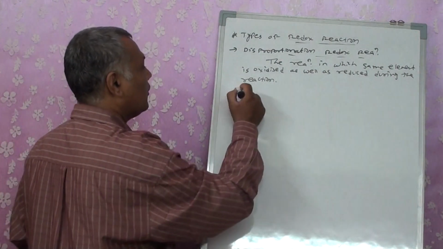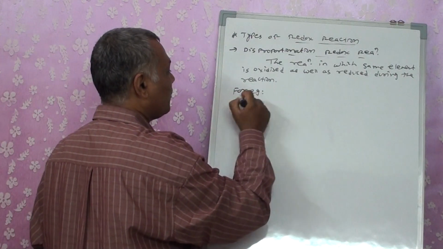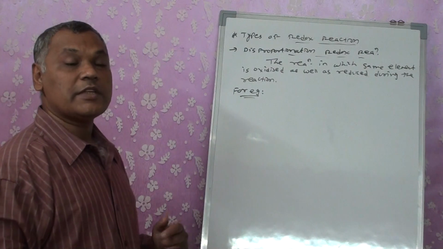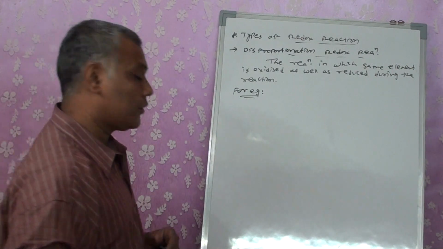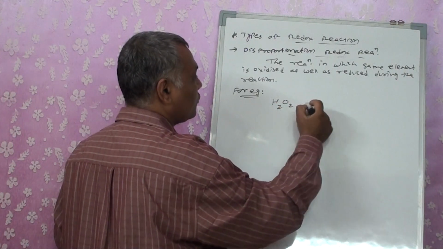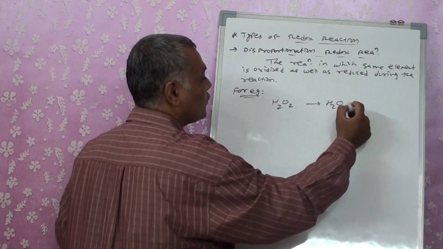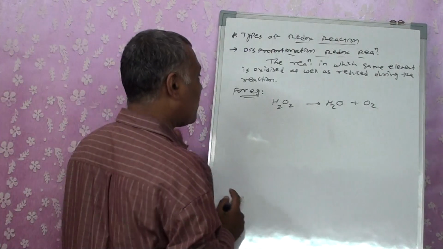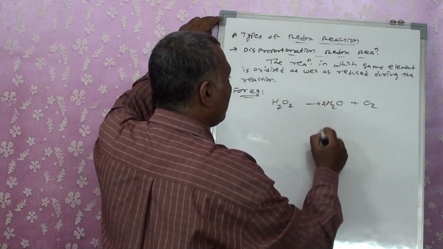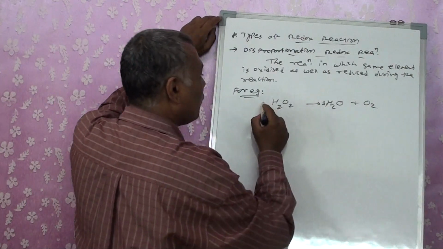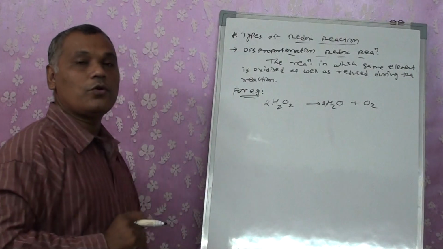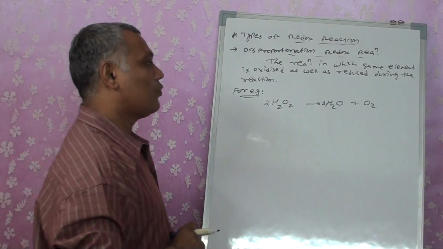For example, first of all we'll write an example and try to find out which element is going to be both oxidized and reduced. So if I write H2O2 reacting, let's balance the reaction. We are having 2H2O2, so that means 4 oxygen. Can I write it as 2H2O2 gets converted into 2H2O plus O2.